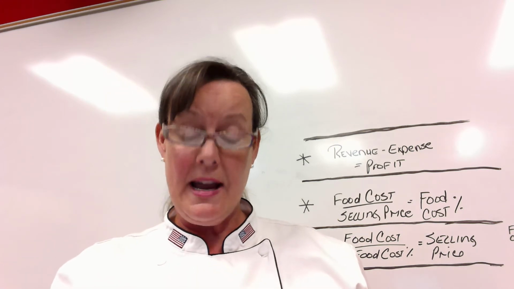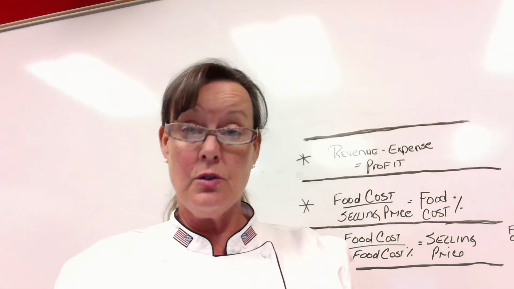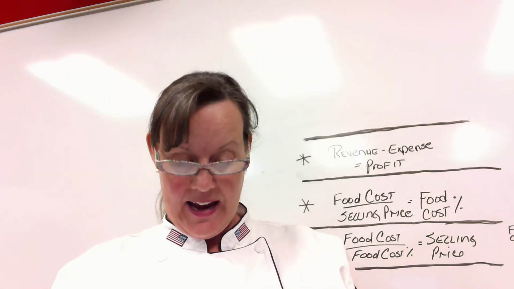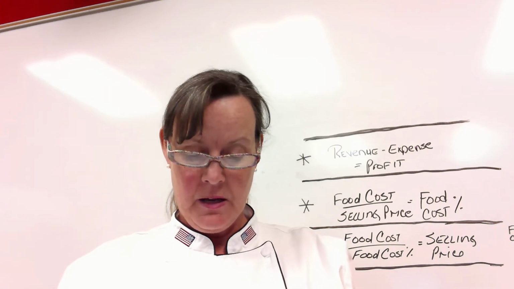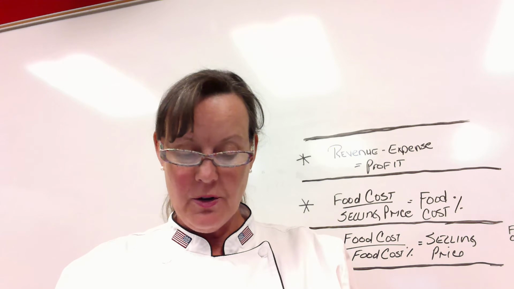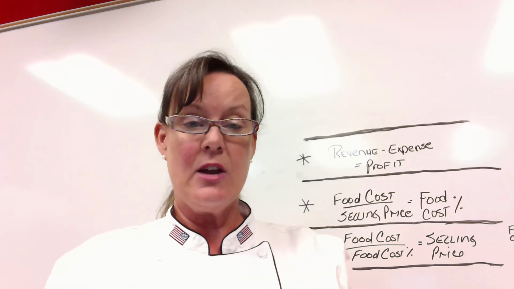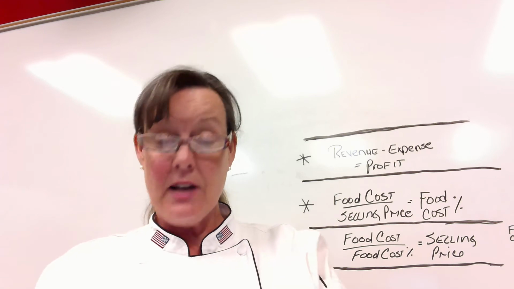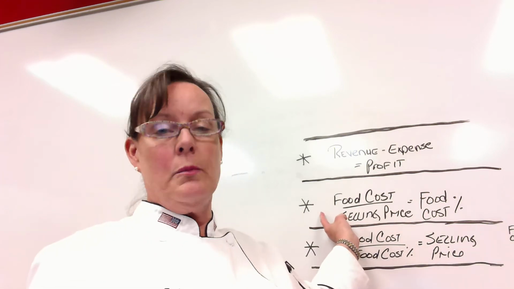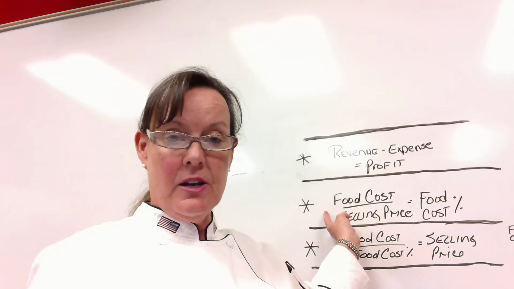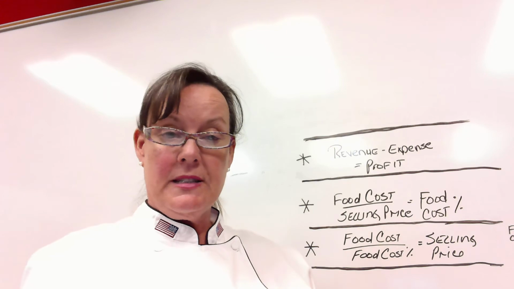So what I need you to do on page 141, number one, highlight your food cost divided by your food cost percentage equals your selling price, at the bottom. Now to the right of that, write this formula, because you need to figure out how to get that food cost percentage.